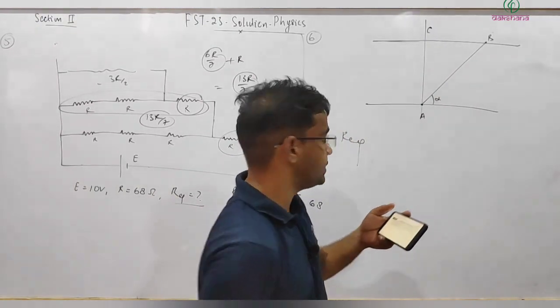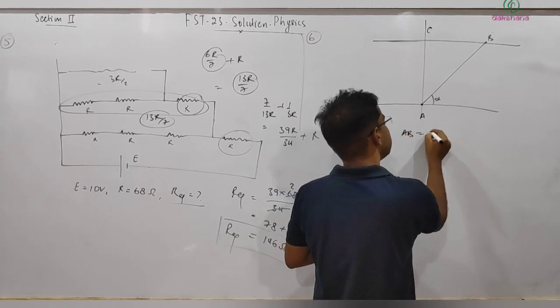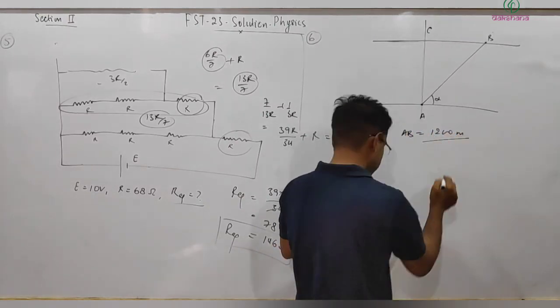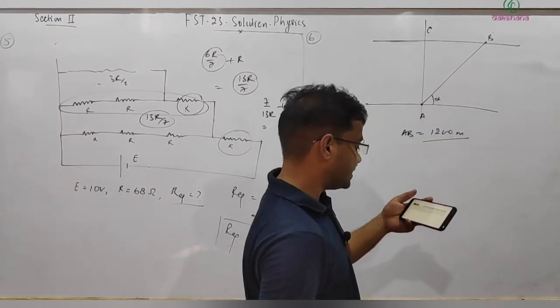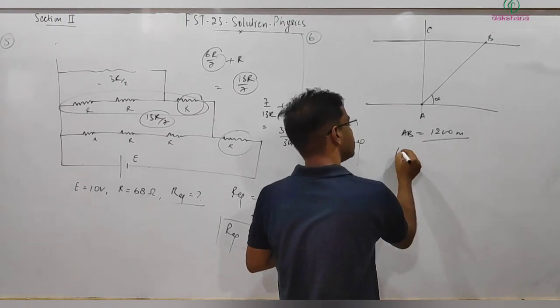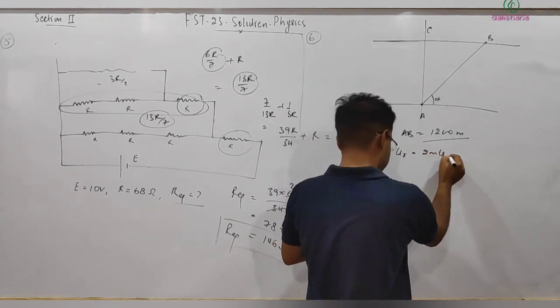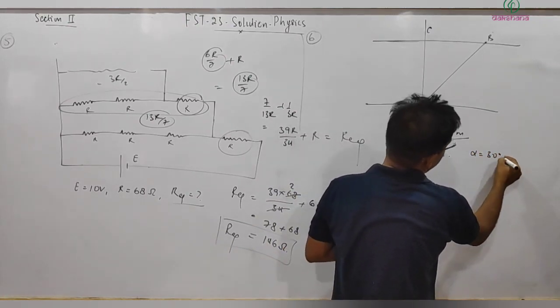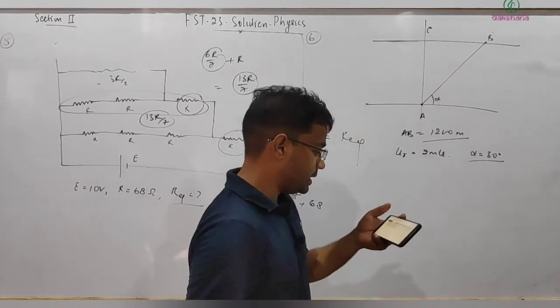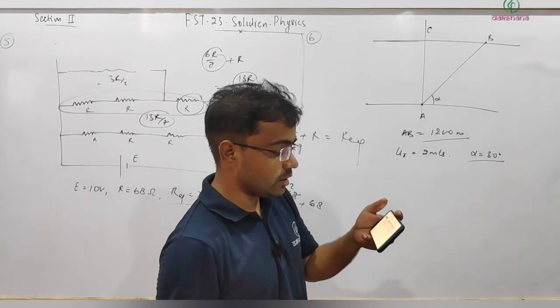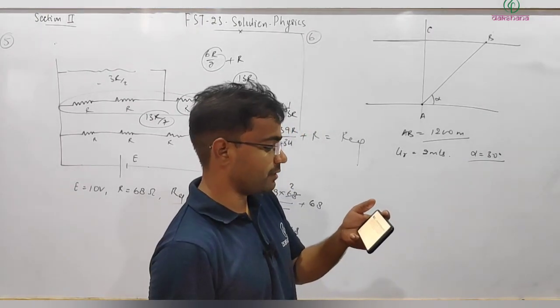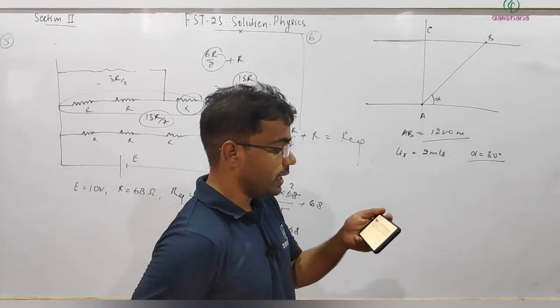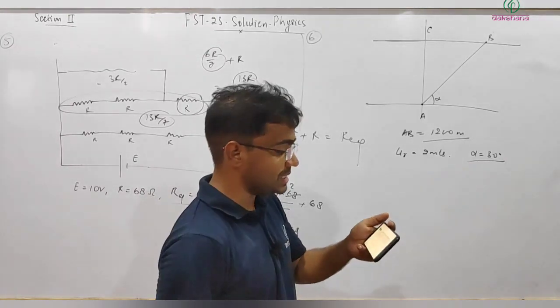Points A and B are at a distance, so AB is 1200 meters. The rate of flow of the river, UR, is 2 meter per second. Line AB makes an angle alpha equal to 30 degrees with the direction of the river flow. What is the speed V of the boat with respect to water if the boat has to go from A to B and get back in 20 seconds?